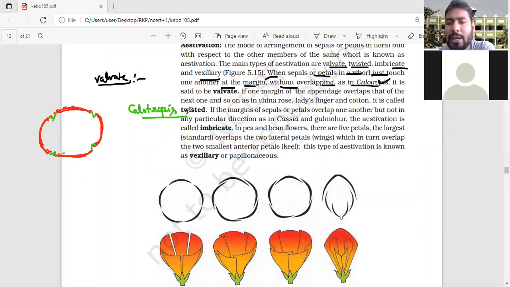In Hindi, Calotropis is called madar. So the example of the valvate type of estivation is Calotropis. Is it clear? Valvate is clear.